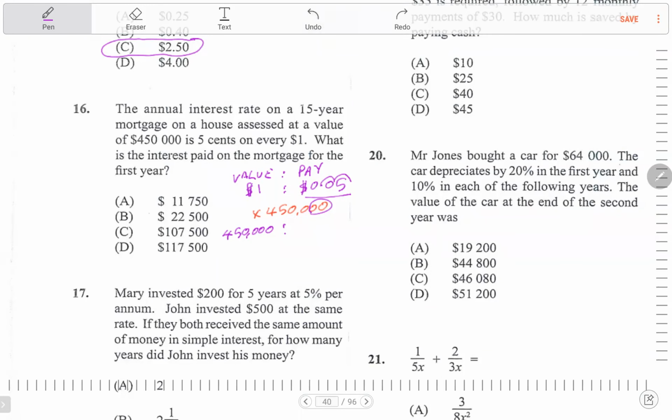So we're doing 450,000 now times 0.05. So basically it becomes 450, and these two zeros, as I said, move this decimal point to there. So you get that times 5.